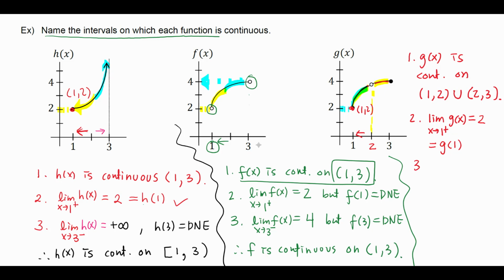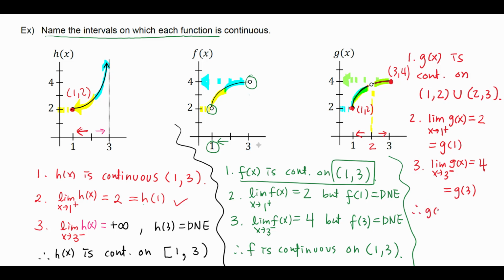And how about the other endpoint as x approaches 3 from the left? Limit is 4. And you do have a function value here too. This is (3, 4). So g of 3 is also 4. So at 3, it is continuous.